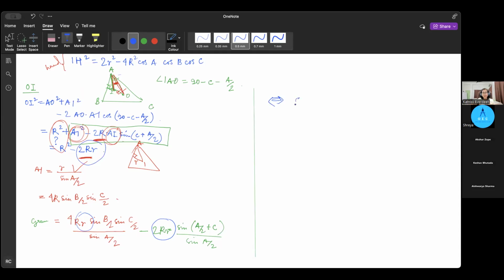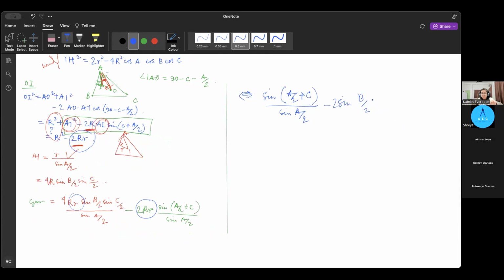We are reduced to showing that sine A by 2 plus C by sine A by 2 is equal to minus 2 sine B by 2 sine C by 2 by sine A by 2 is equal to 1. So this is what we want to show, right?